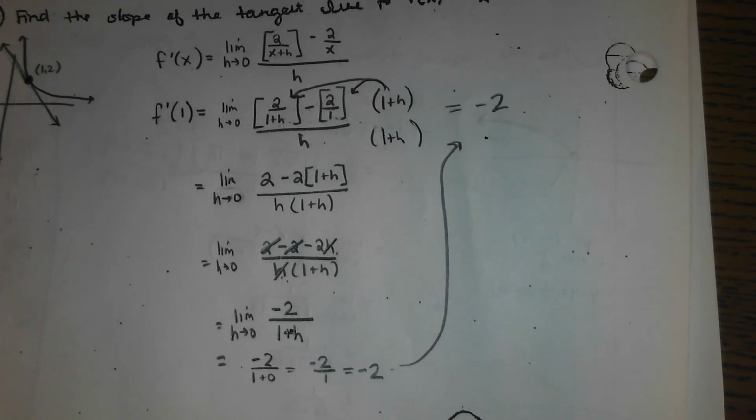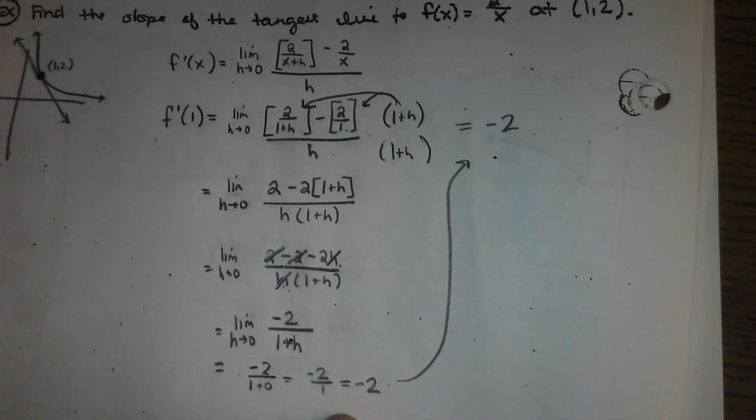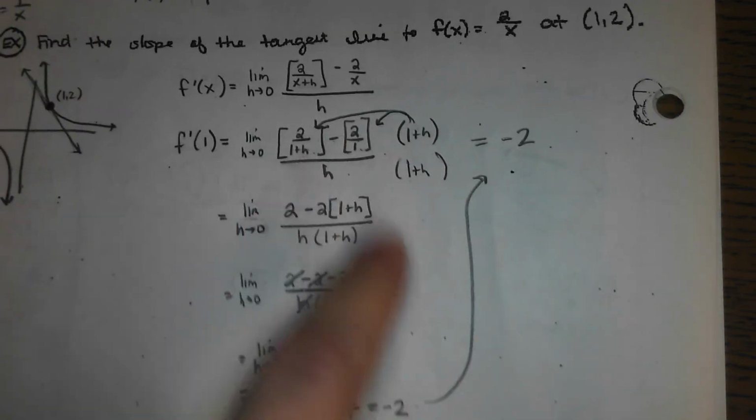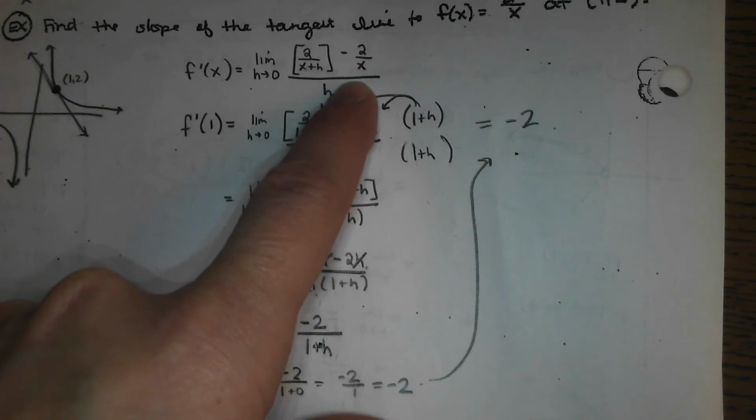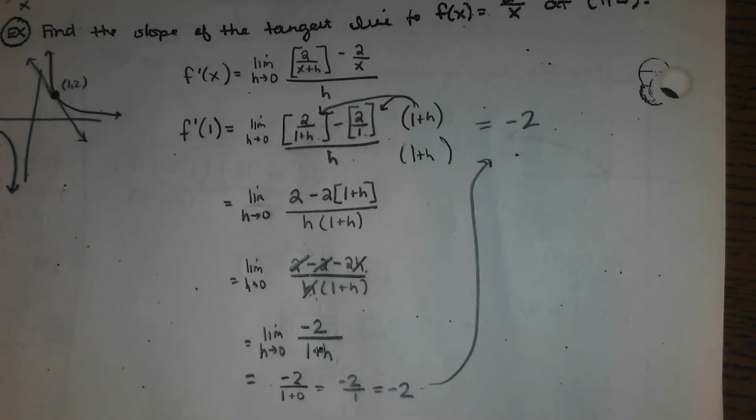But a lot of times you'll be asked for the derivative equation down the road, or you'll be asked for the derivative at multiple locations. So rather than doing this process for each of those multiple locations, you do that process once for f prime of x, and then you can use that same equation multiple times.